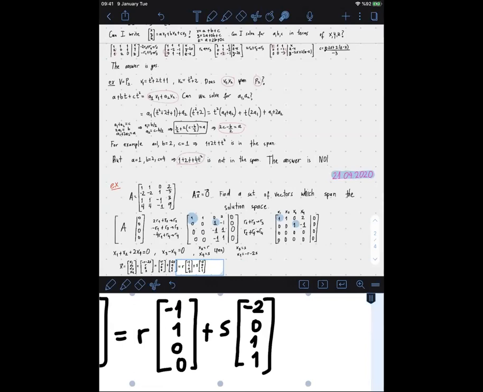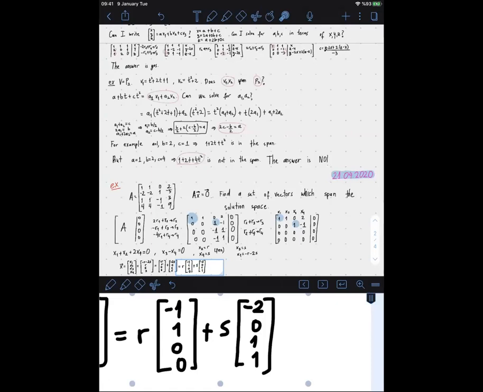This is very important because the solution space is infinitely large. There are infinitely many solutions, but just two of these vectors are enough to represent all the solutions. This is a very important idea. Only these two solutions are sufficient to write all the solutions down.